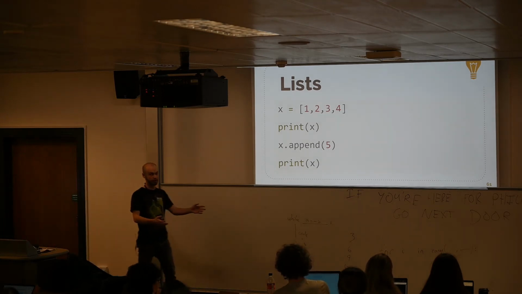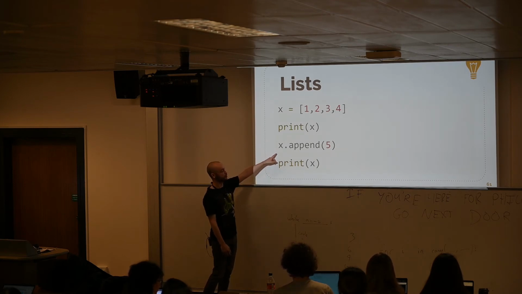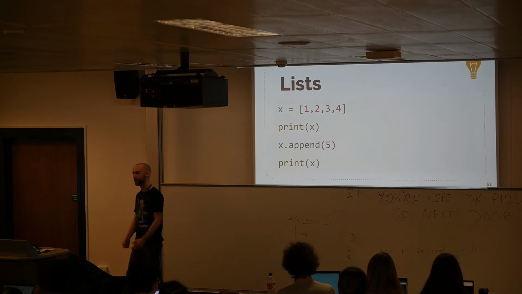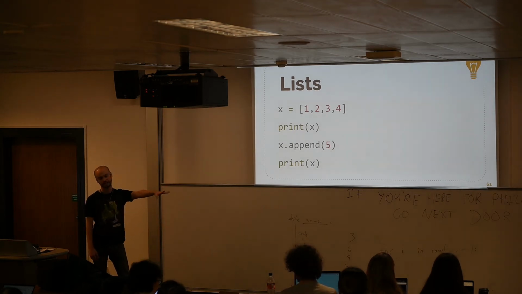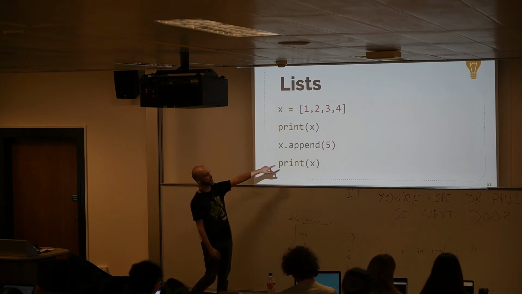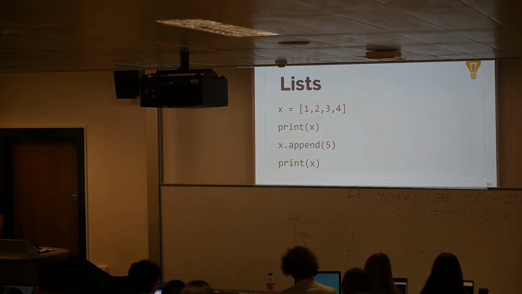And the way you do that is you take the list you want to do it on, and you do dot and the name of the method, which in this case is append. And append takes one what we call argument. The same way we had like print something, we have append something. So in this case, we're appending 5. So if you print x now, you get 1, 2, 3, 4, 5.